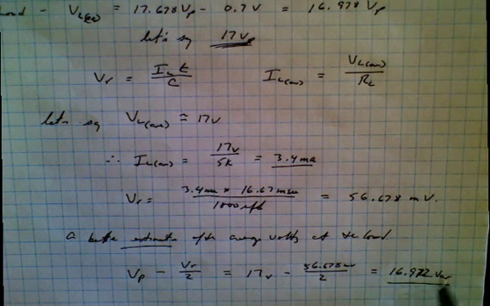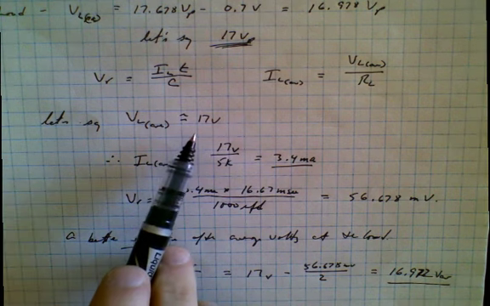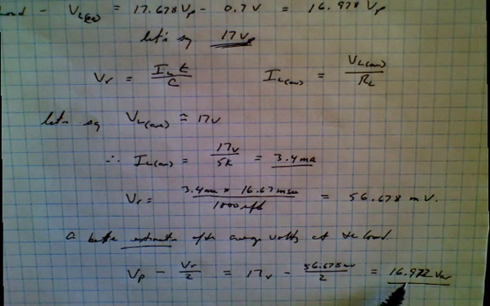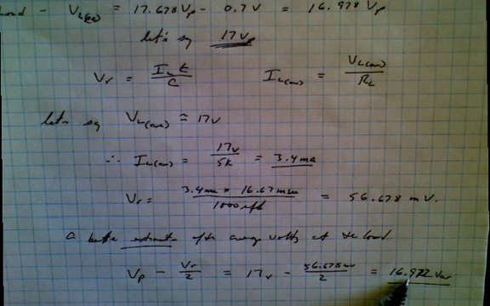Now, again, this answer is not exactly correct, but it's very close to our first initial value of 17. You can see it's within less than 0.1 volts of it. So we would say this answer is pretty good. If we wanted a better estimate, we would reiterate this.